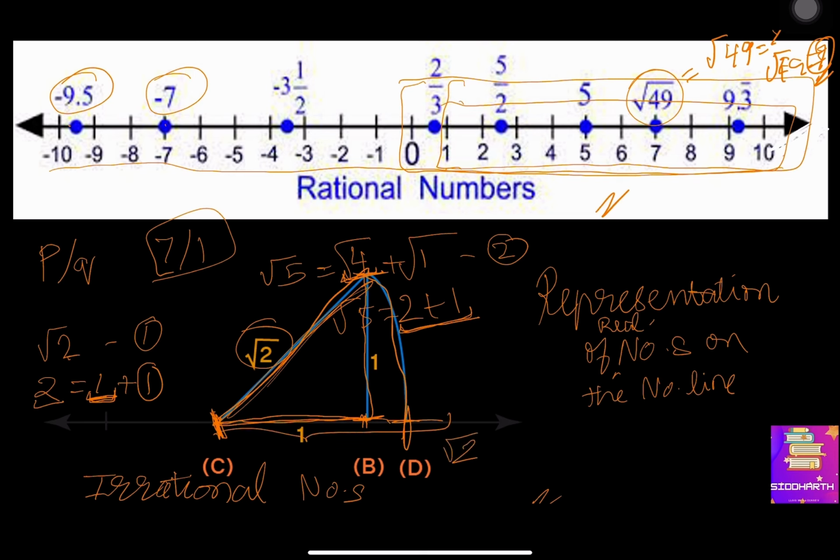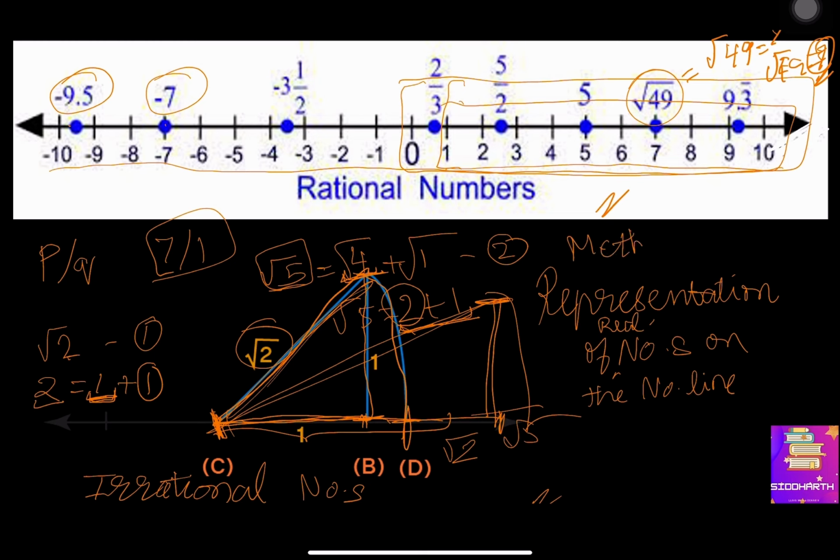Similarly, for root 5, take this as 2 units and this as 1 unit, join them, cut an arc, and you will get root 5. We will discuss this in detail in part 2. This is method 1. There are several methods in which you can plot irrational numbers. This is one easy method.